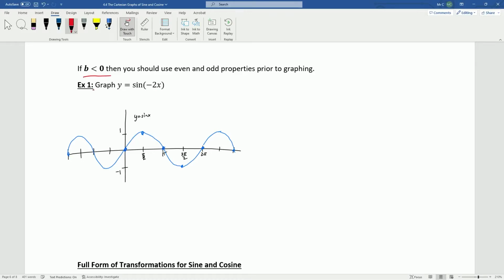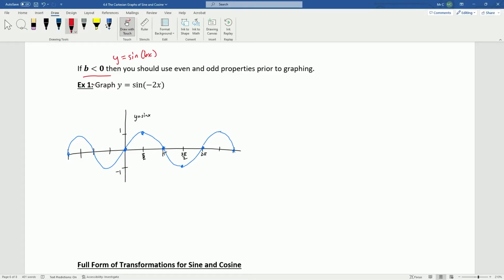If b is less than 0, when we look at the form, say, sine of bx, if b is negative, I can always use an odd property for sine or an even property for cosine to rewrite the function into a form that's actually going to be easier to graph.